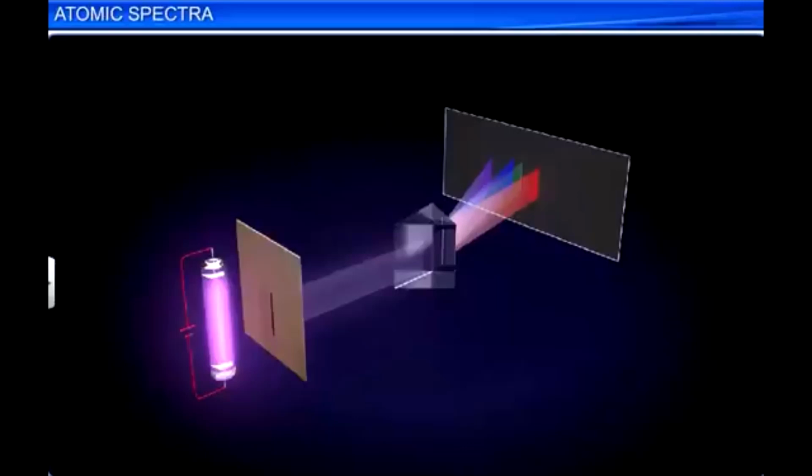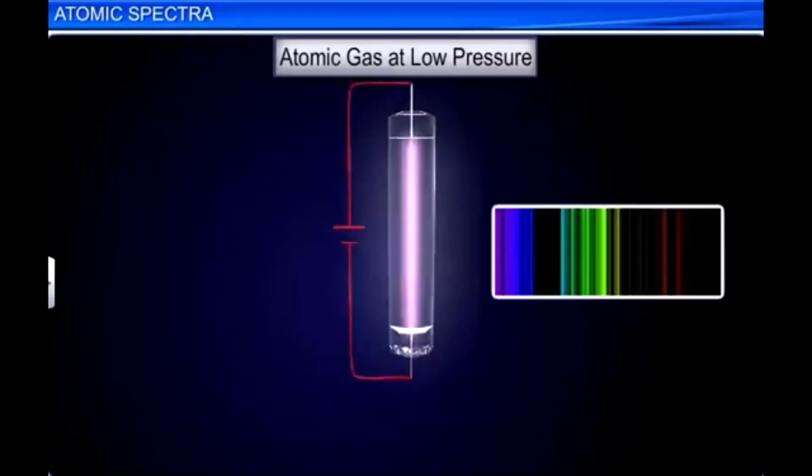When an atomic gas or vapor is excited at a low pressure, by passing electric current through it, it emits radiations containing certain specific wavelengths only. Such a spectrum is called the discontinuous emission line spectrum.